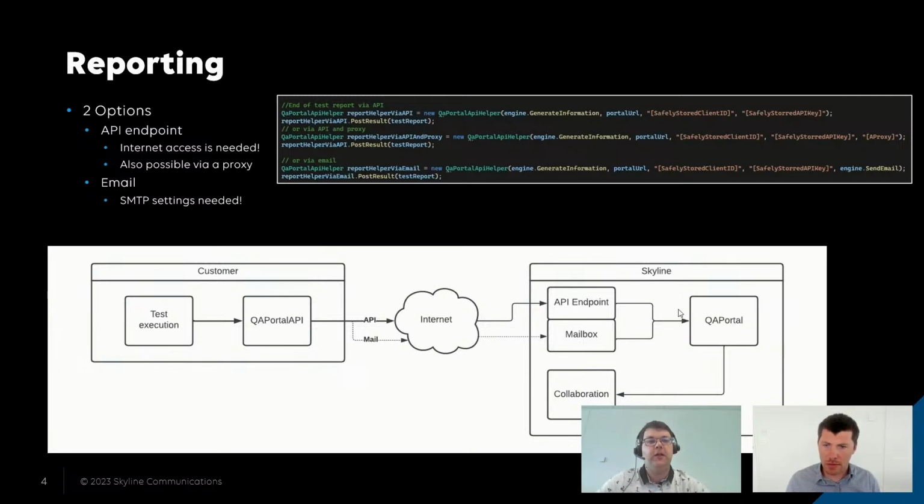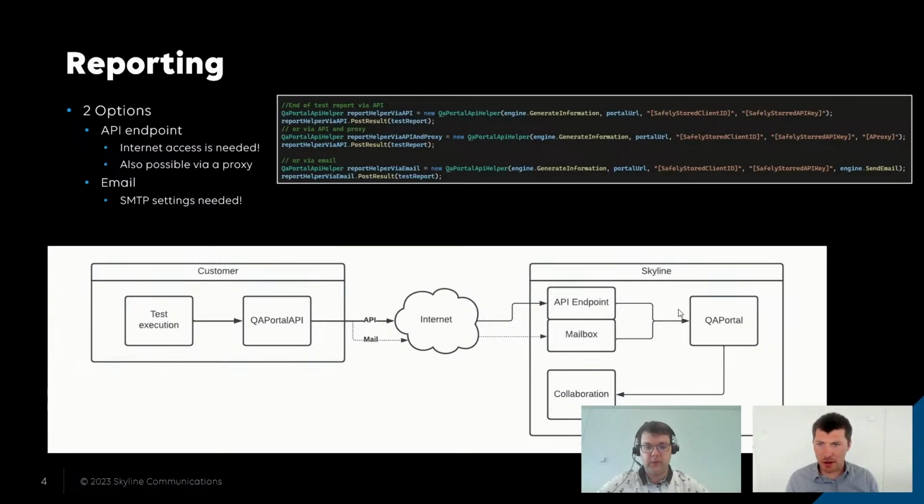The client ID and API key is a sort of username and password that you have to store securely. Also, if you lose the API key, then we can't provide it back to you. So it's very important to keep that somewhere safely stored, like in a password manager. And also the portal URL or email will be provided together with your ID.